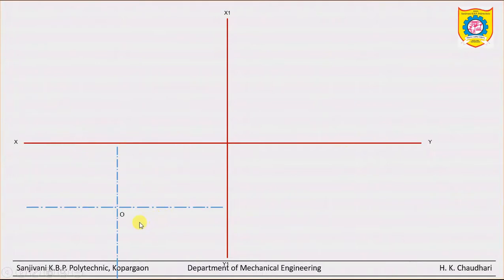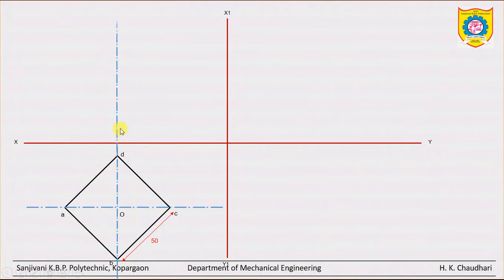Now we know very well how to draw such a square. The size is given 50 mm. Okay, now just label the corners A, B, C and D.